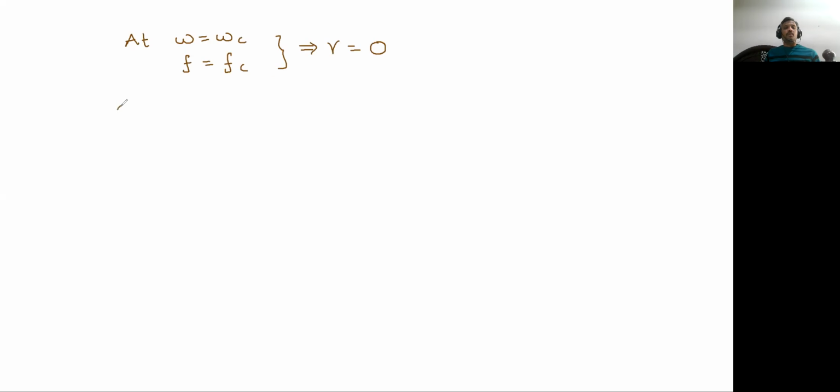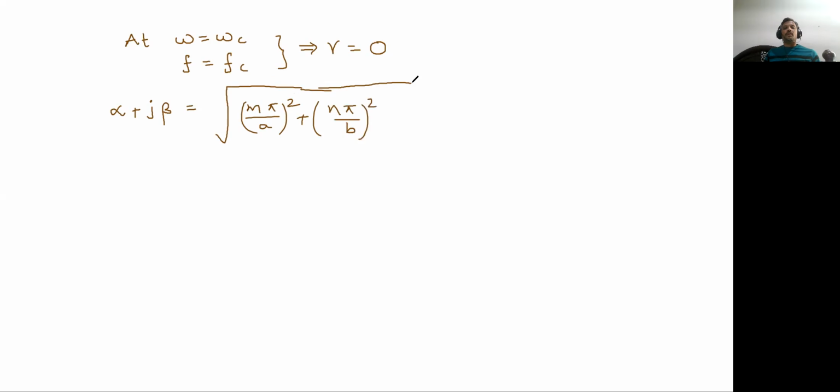So we already know that gamma, which is alpha plus j beta, is equal to under root of [(m pi by a) whole square plus (n pi by b) whole square] — put this in a square bracket as I mentioned — minus omega square mu naught epsilon naught.